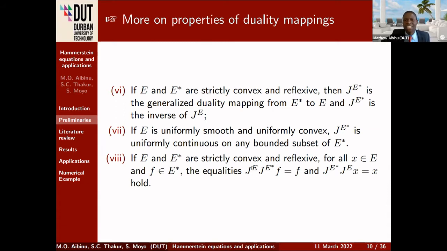That shows that J_E is the identity in E star, and J_E star J_E is the identity in E. Those are the essential properties of duality mapping that we shall be referring to in this study.